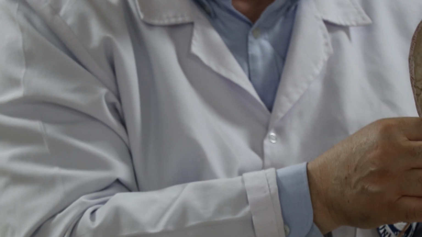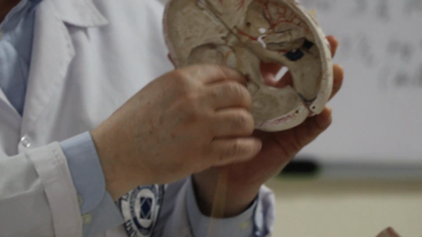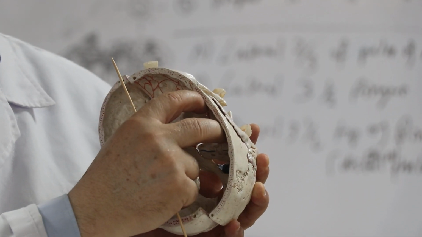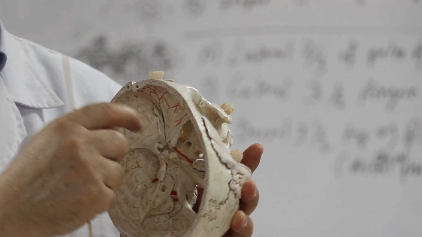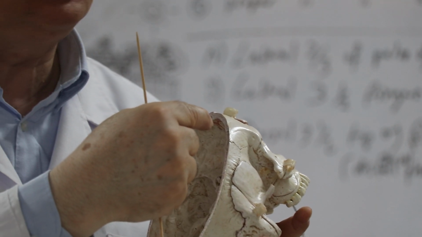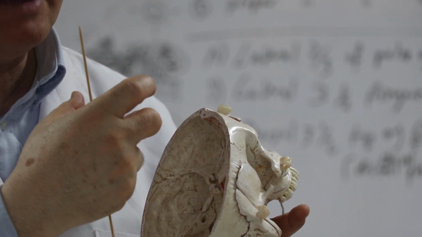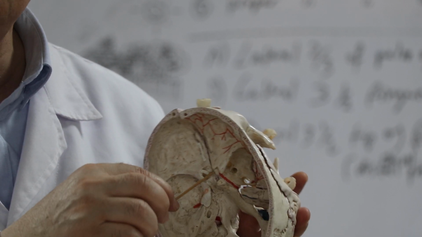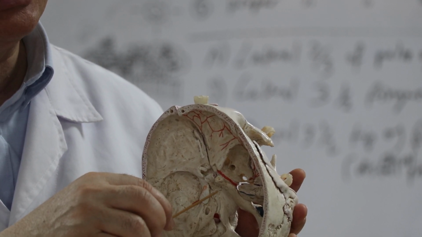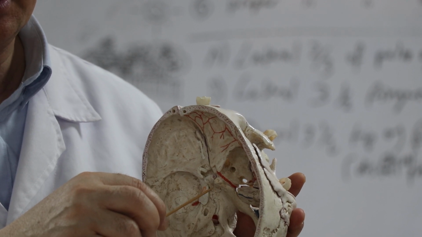What is this area? It's the middle cranial fossa, where you have the temporal lobe of the brain. So the pterygopalatine fossa communicates with the middle cranial fossa through the foramen rotundum and the Vidian canal.